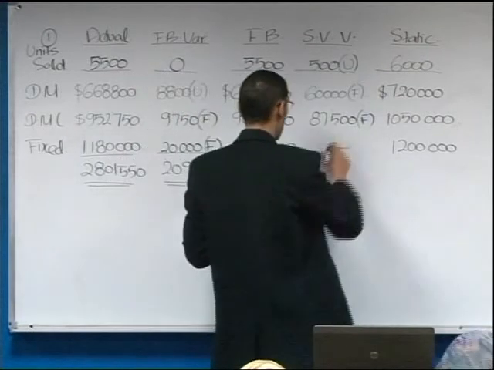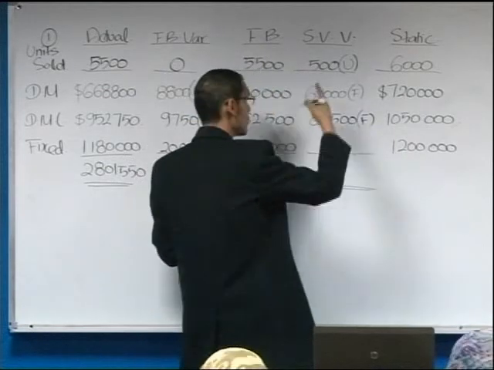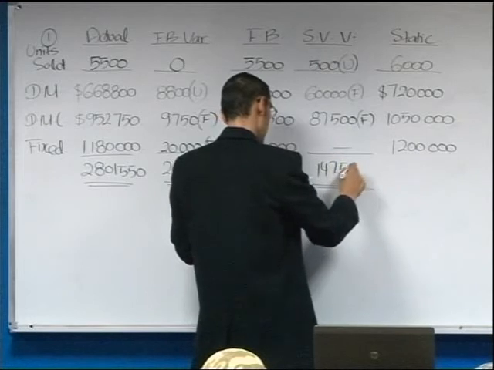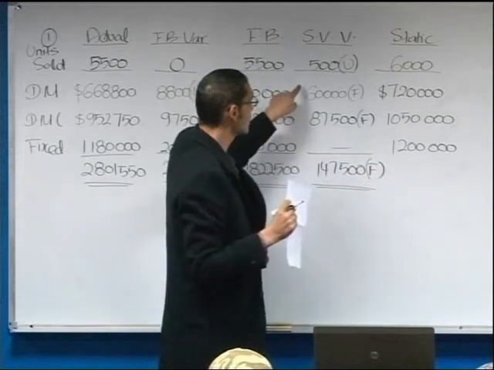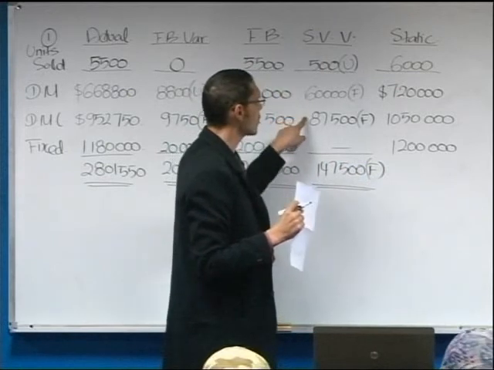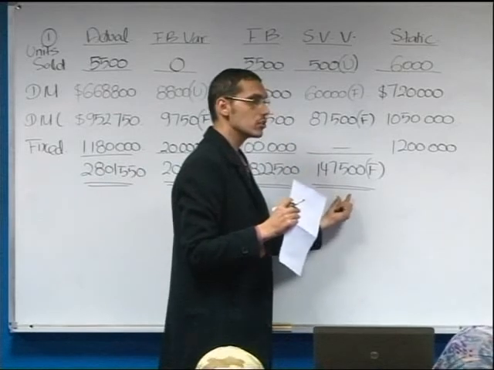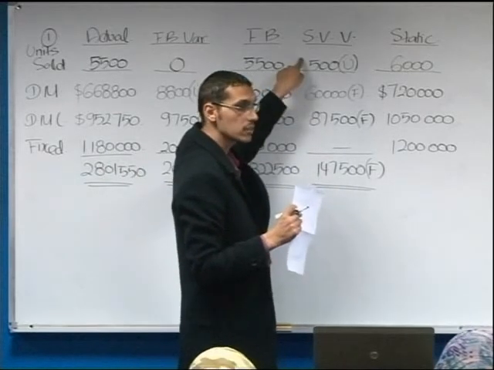Of course, according to our comparison between the static and the flexible budget, we have a 147,500 favorable variance, which is the 60,000 plus the 87,500. Of course, we do not add to these variances the variances in the number of units.